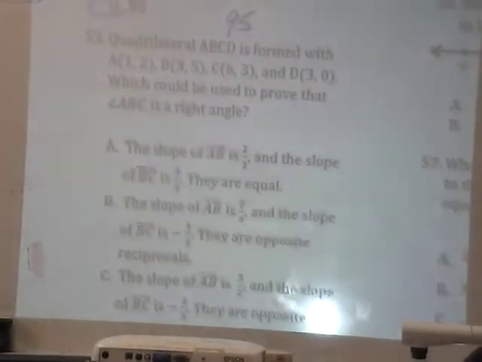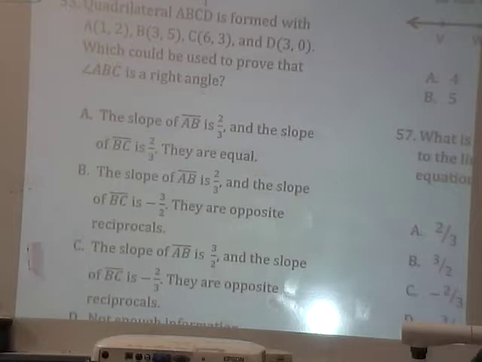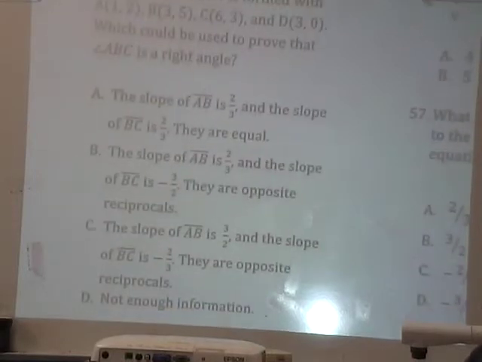Okay. 53. Quadrilateral ABCD is formed with those points, which could be used to prove that angle ABC is a right angle. It says the slope of AB for all of them, right? Starts off with that.